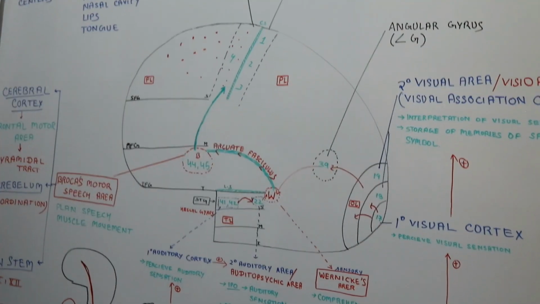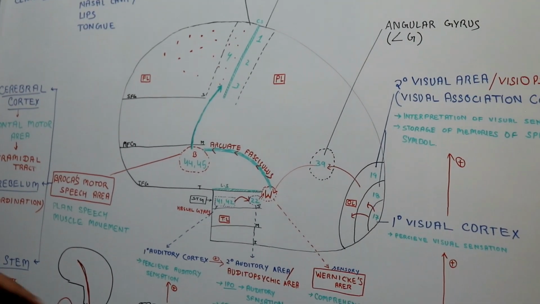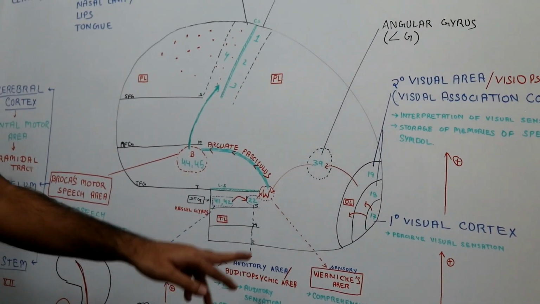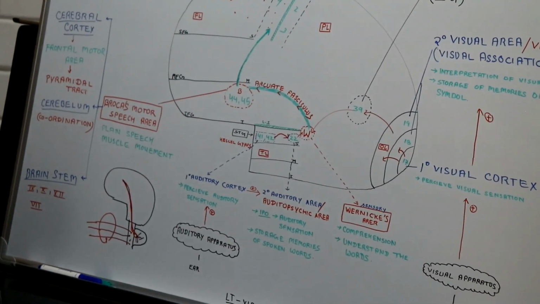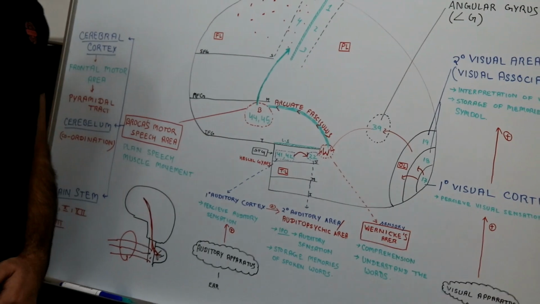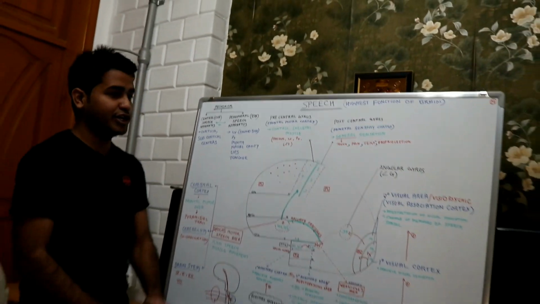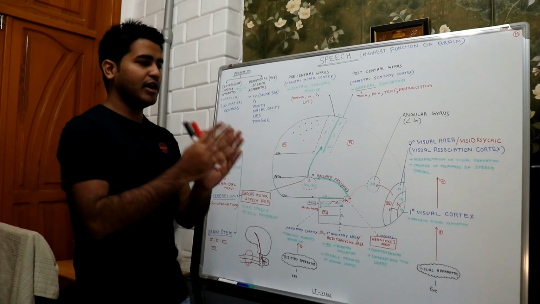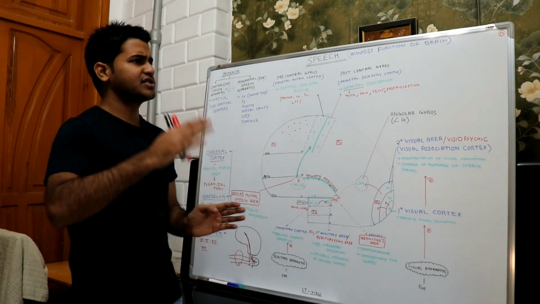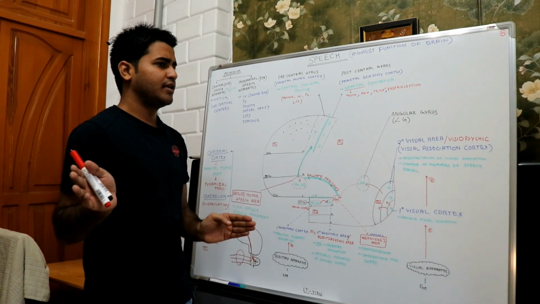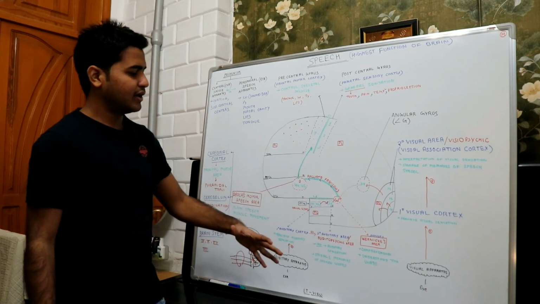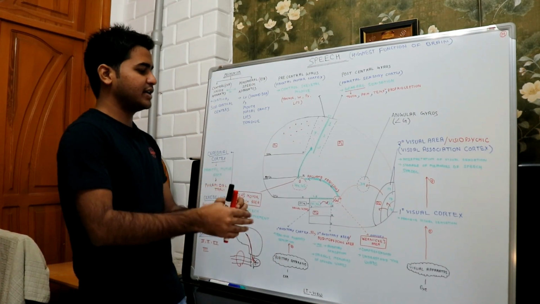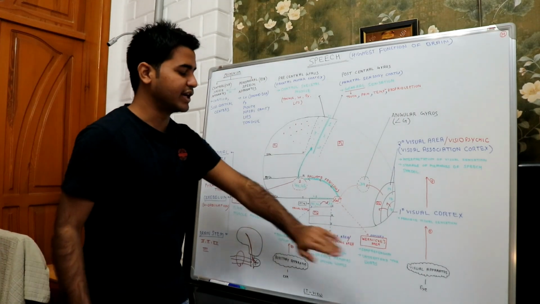The primary auditory cortex will transfer this auditory sensation toward the secondary auditory area. This secondary auditory area is also known as the auditopsychic area. We have a memory about some spoken words, and with the help of this memory we will understand these words in the Wernicke area.